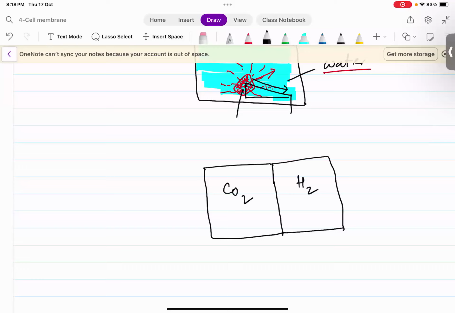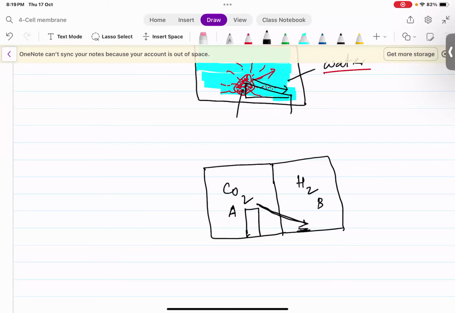So you see, jar A has high concentration of carbon dioxide, and jar B has low concentration of carbon dioxide. So consequently, what will happen? Carbon dioxide will move from region A to region B down this concentration gradient.